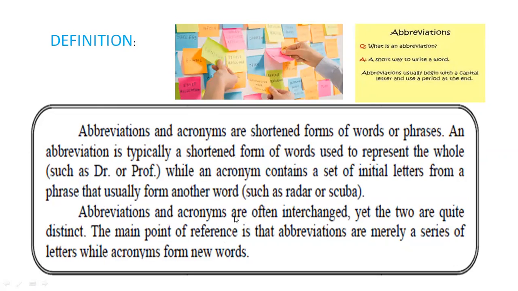Abbreviations and acronyms are often interchanged, yet the two are quite distinct. The main point of reference is that abbreviations are merely a series of letters while acronyms form new words. So this is the definition for abbreviation and acronyms.